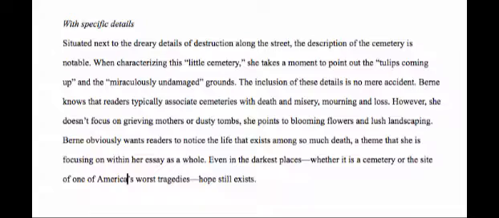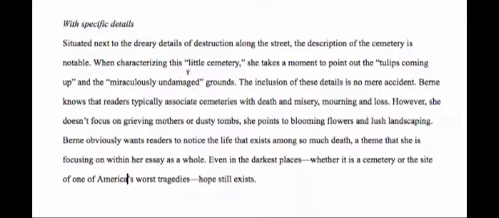So here, it's going to start off by pointing to some specific sections and then identifying the type of evidence that's being pointed out, and then how the audience is supposed to react to this. So let's take a look. It says, "Situated next to the dreary details of destruction along the street, the description of the cemetery is notable.